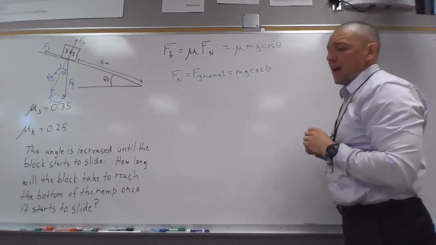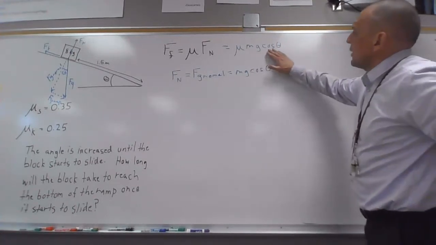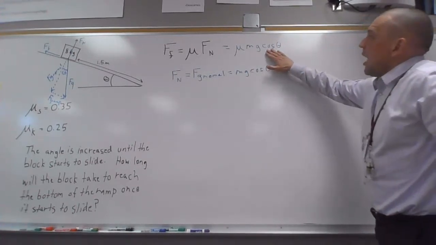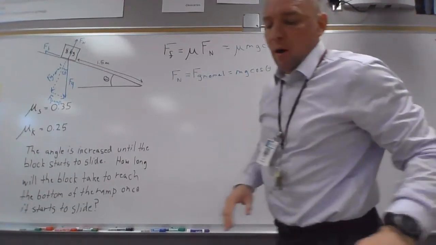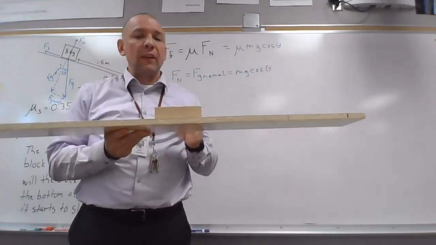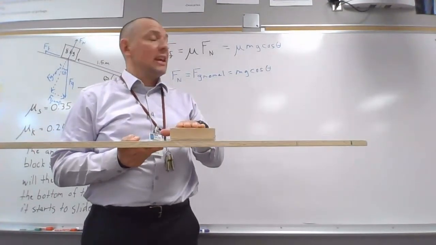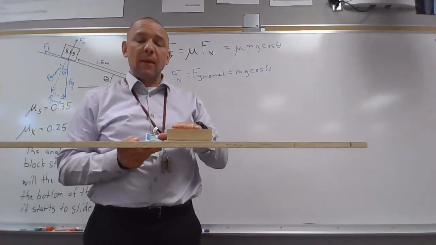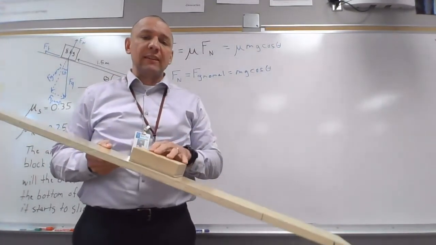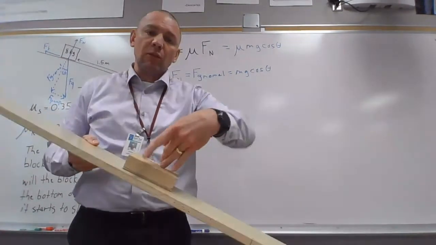Okay, now this is interesting because it says as cosine of theta gets bigger, the friction force is going to get smaller and smaller. So we can think here, we've got this block. When the block is flat, the angle is 0, and Fg normal is equal to the normal force. And that's when we have the maximum friction. The more we start to tilt the ramp, the smaller and smaller the force is pushing it into the ramp.